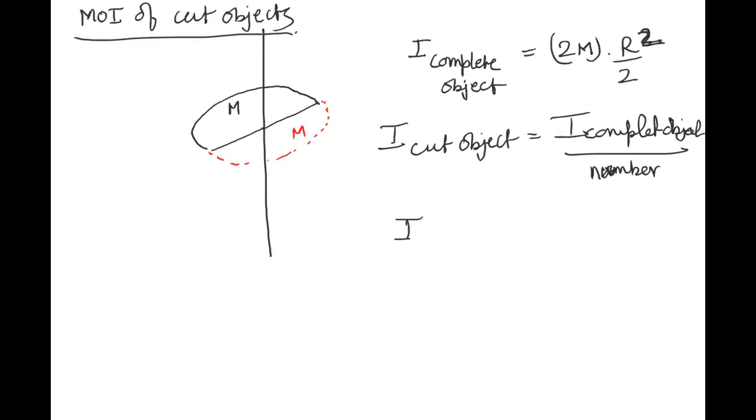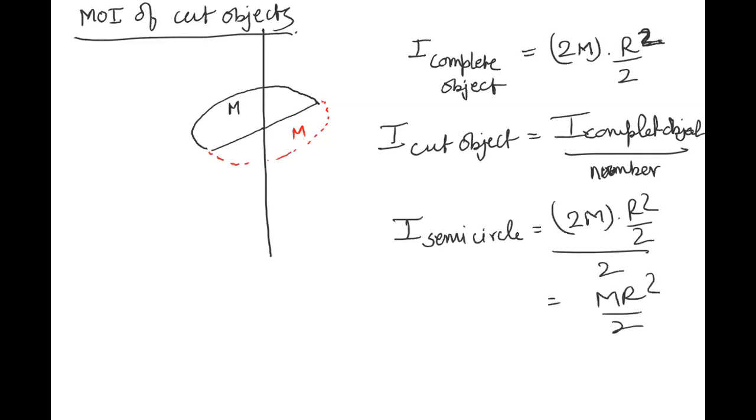So I of semicircle would be 2m into r square by 2 divided by 2, which is equal to mr square.